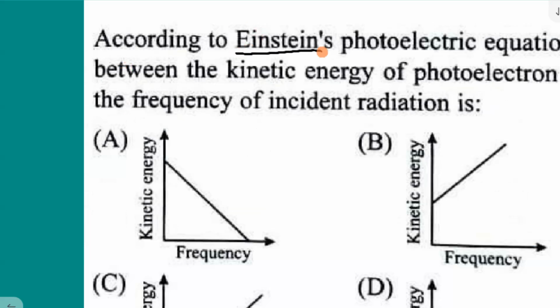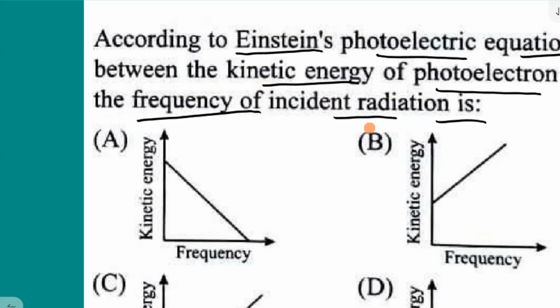According to Einstein's photoelectric equation, the graph between kinetic energy of photoelectron ejected and frequency of incident radiation. So we know that kinetic energy is equal to hf minus phi. So here this is a constant term. So I can write like this, that y is equal to mx plus c.